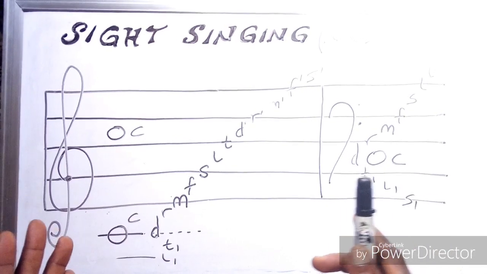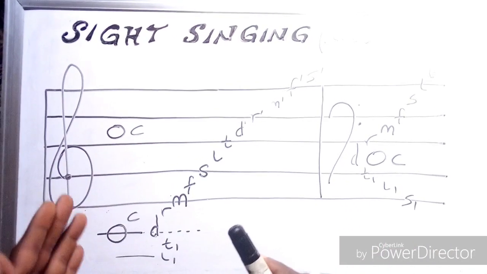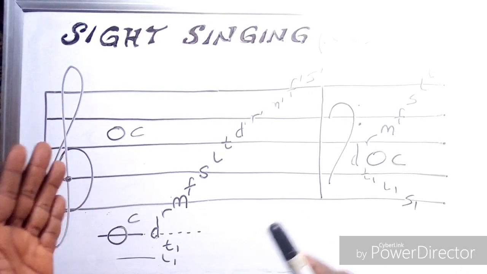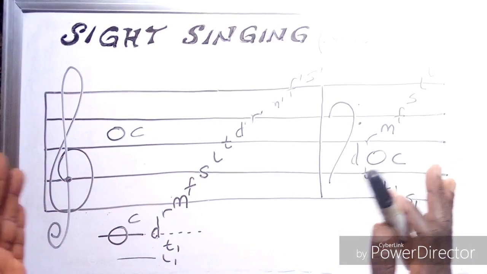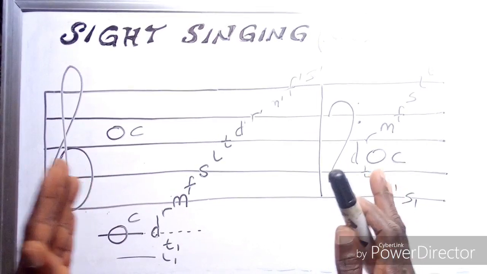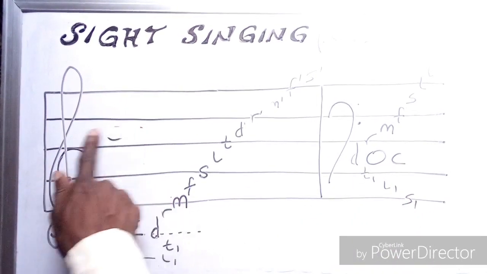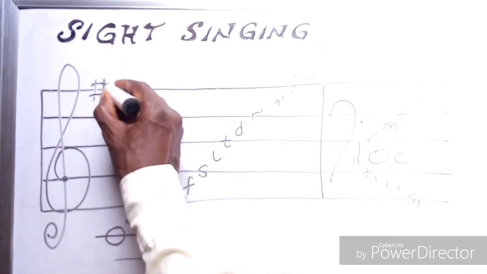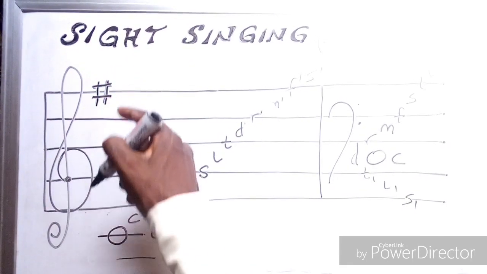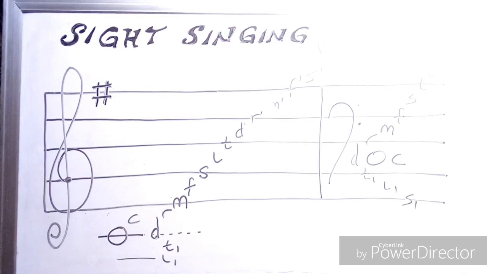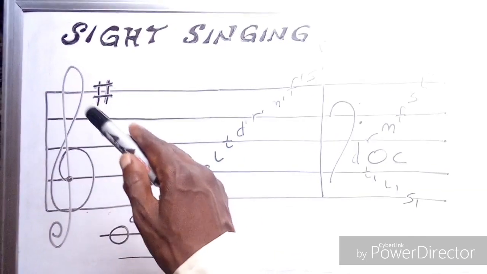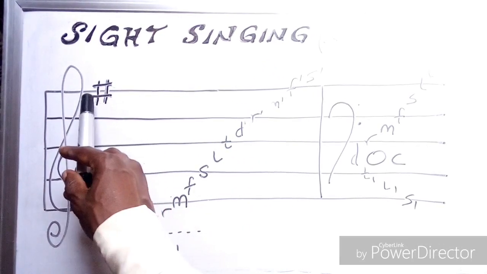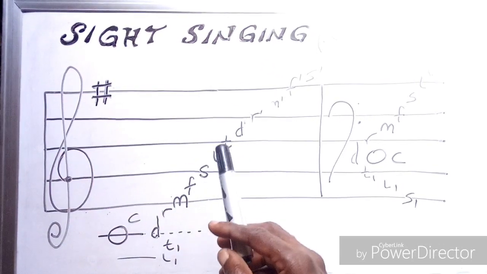Now, if for instance we have one sharp at the beginning of the staff, then it changes the key in which the piece of music is written. Let's look at this. If we have a sharp here, this means that this key becomes the key of G major, which has one sharp, and that sharp is at F, making it F sharp.